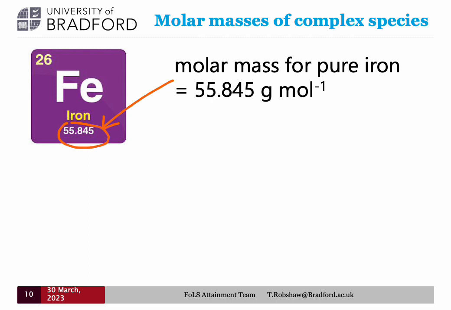So for these, all we have to do is look at the chemical formula of the species, or sometimes you have to work that out from other information. Look at the numbers of each element that are present in that chemical formula, and then add up the mass numbers of those elements.